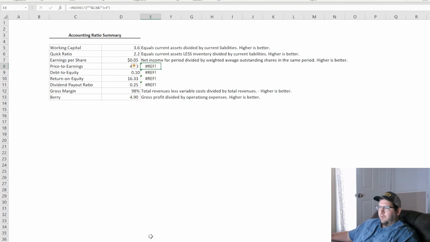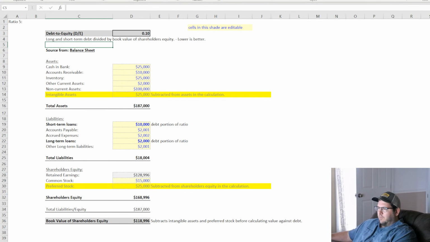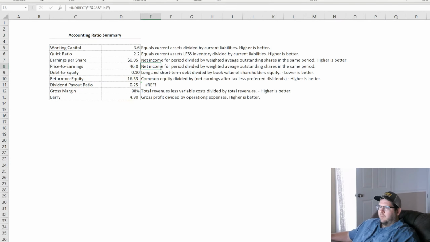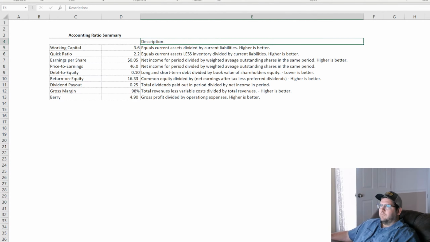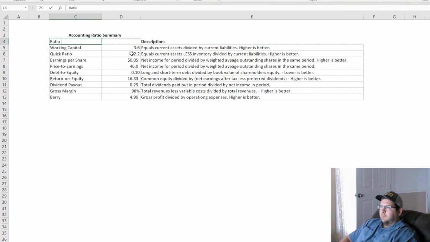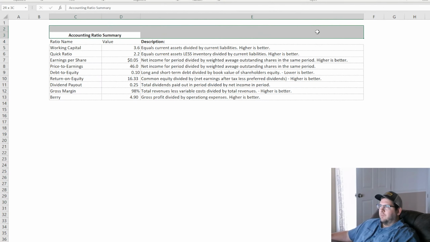Alright, so we're missing price to earnings. Equity. Dividend payout. Okay, description. So we got the ratio name, value, and description.